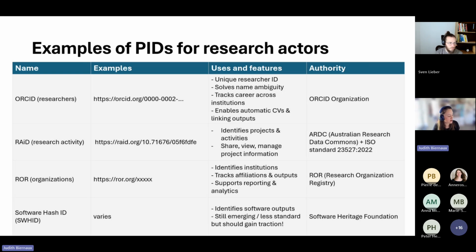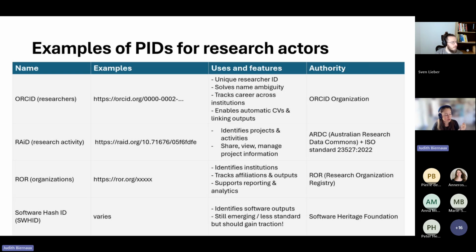You may also have heard of RAiDs, Research Activity Identifiers, which are proposed by the Australian Research Data Commons, and are part of an ISO norm, so it's highly standardized, and they are widely used also in East Asia to identify projects and research activities. So these are not exactly research outputs, but they are research activities, and they can also be linked to people and to outputs.